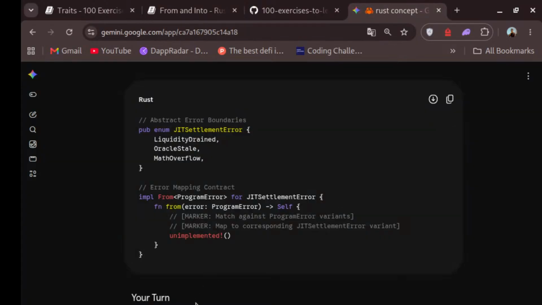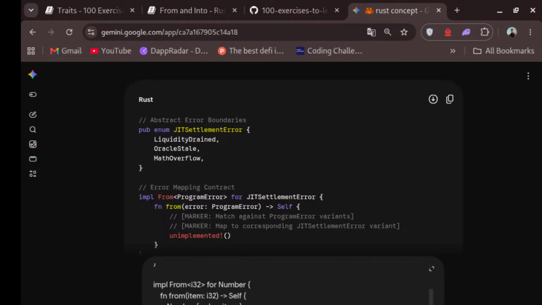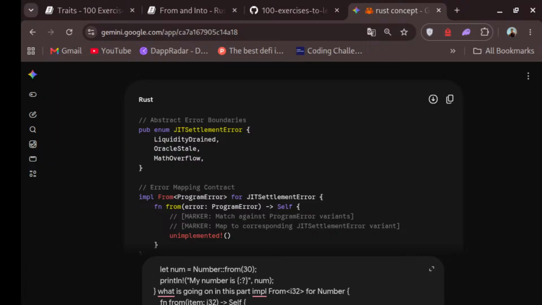So if I ask Gemini what is going on in this part, and why we are converting primitives in the type system steps.